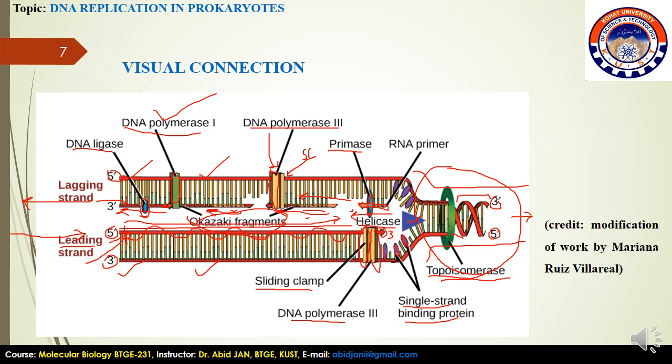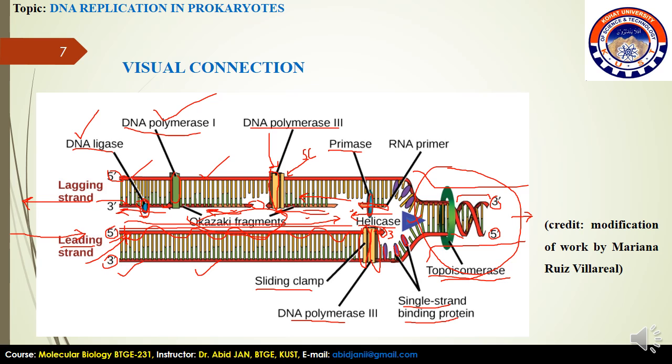The nicks, there is a nick, similarly we have here, that remain between the newly synthesized DNA and the previously synthesized DNA are sealed by the enzyme DNA ligase, which catalyzes the formation of phosphodiester linkages between the 3' hydroxyl end of one nucleotide and the 5' phosphate end of the other fragment.